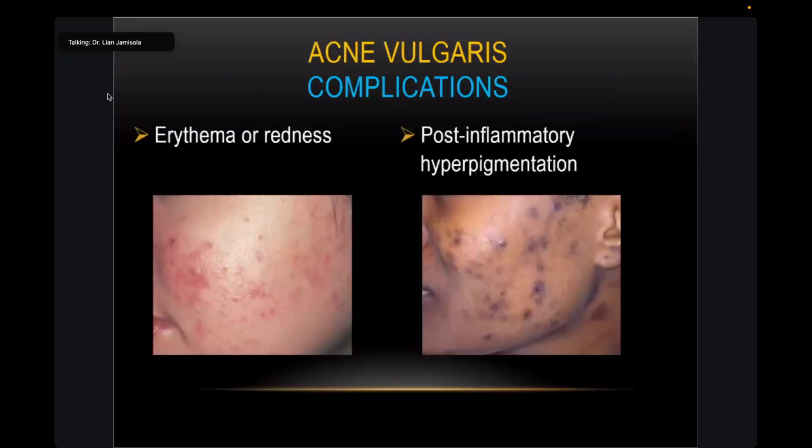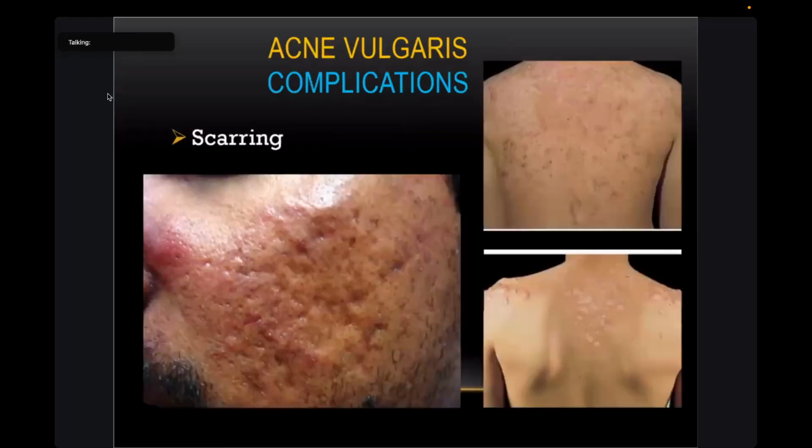Okay, complications: the erythema or redness, it may take quite some time bago mawala yon. Or the hyperpigmentation, the post-inflammatory hyperpigmentation. And more severe would be your scarring. No? It can also have keloid, especially on the chest and back, and in the jaw area as well.